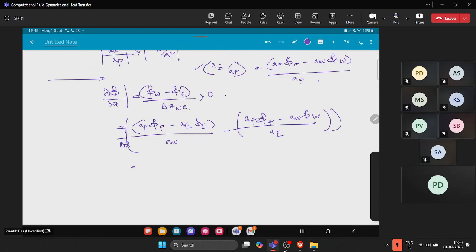So your terms become AW by AE, so EP phi P, EE, E squared phi E minus AP EW phi P plus EW phi W square.